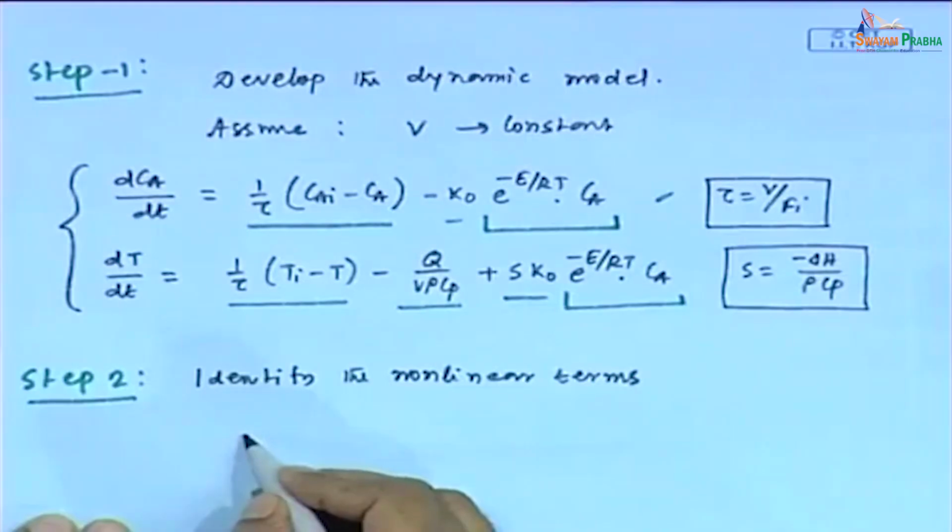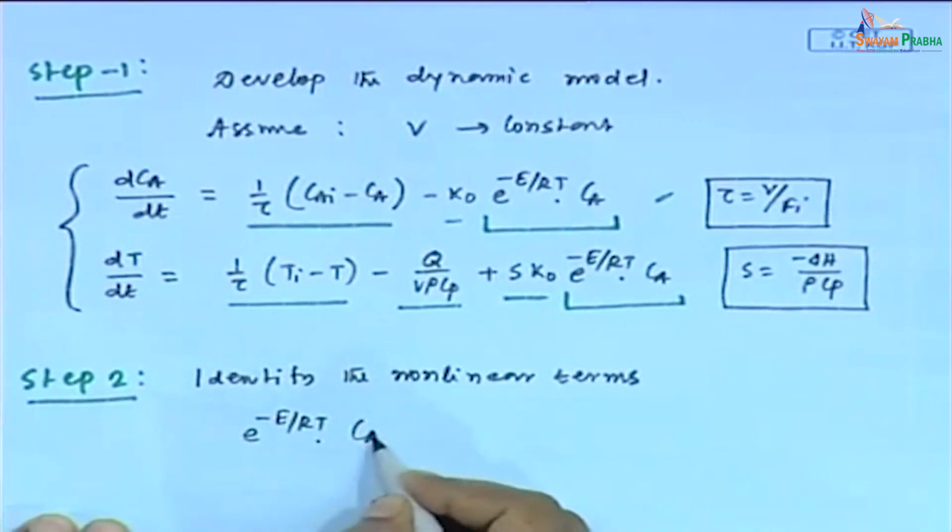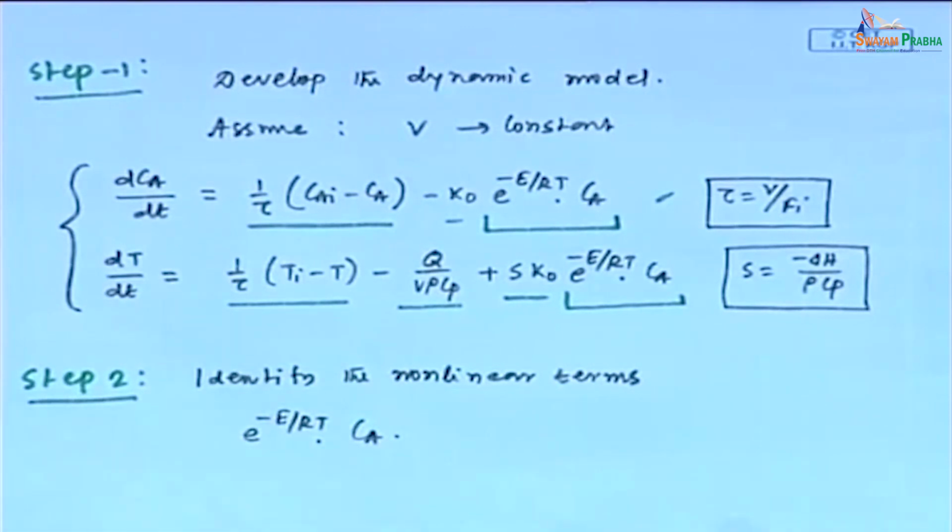So, in this model structure, there is only a single nonlinear term, that is exponential of minus E divided by RT multiplied by CA. So, we will basically linearize this term using the Taylor series expansion. Fine. So, that is the third step.